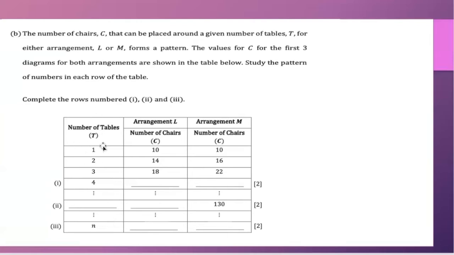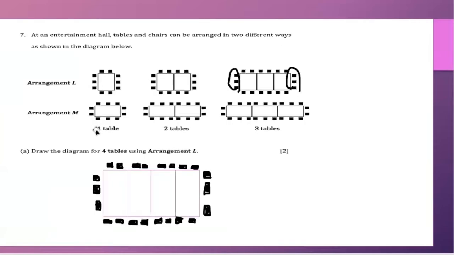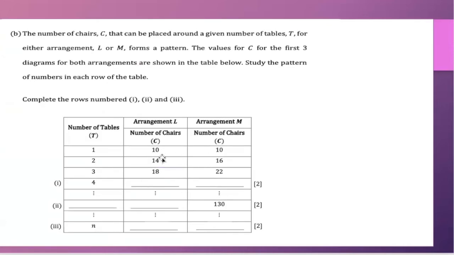So this is saying number of tables. When I have one table, we have 10 chairs for arrangement L, and we have 10 chairs for arrangement M. Let's look at it. So we have 1, 2, 3, 4, 5, 6, 7, 8, 9, 10, and again 1 to 10. And that's what they have.